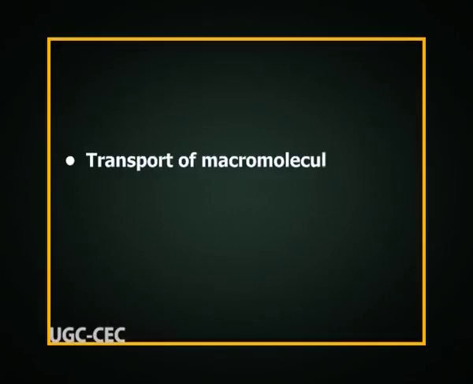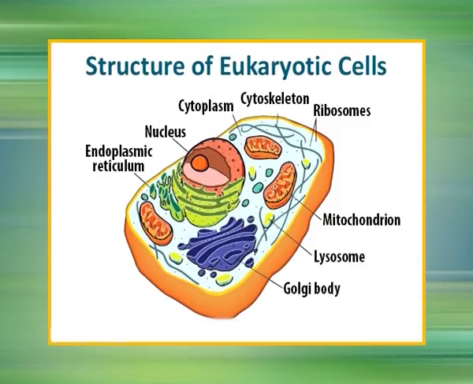Now, the transport of macromolecules across the plasma membrane. The plasma membrane is a dynamic structure that functions to segregate the chemically distinct intracellular milieu, that is cytoplasm, from the extracellular environment by regulating and coordinating the entry and exit of small and large molecules.